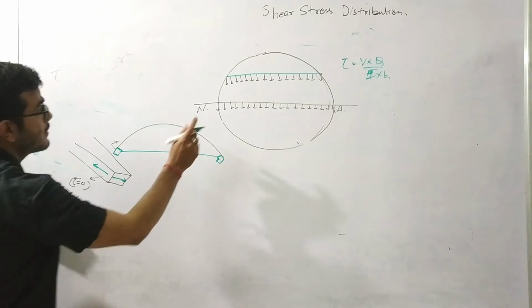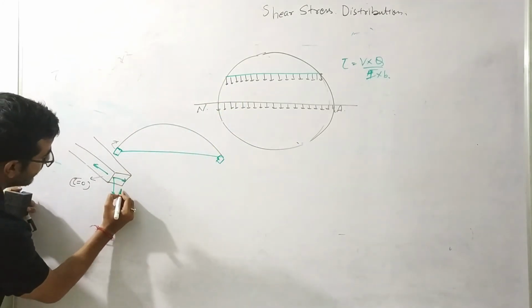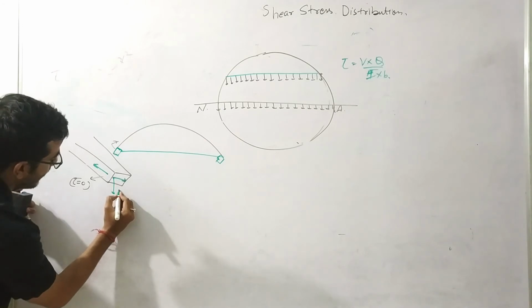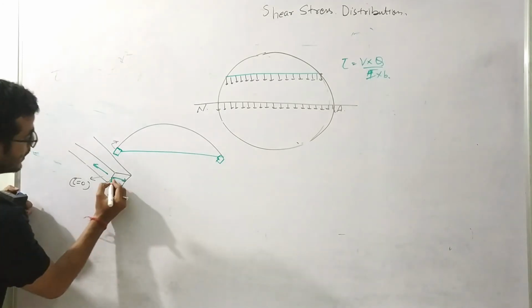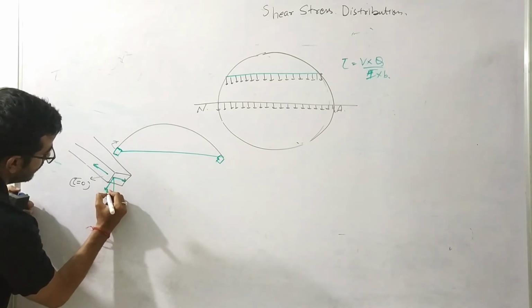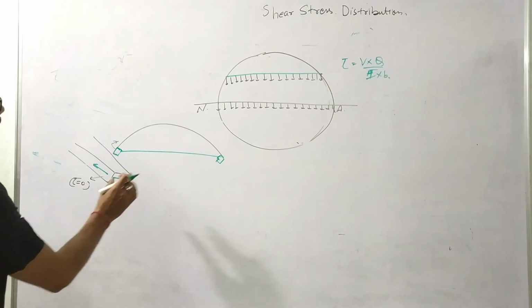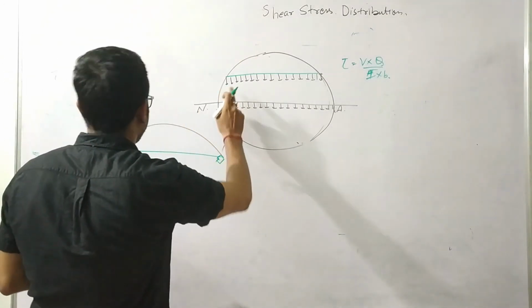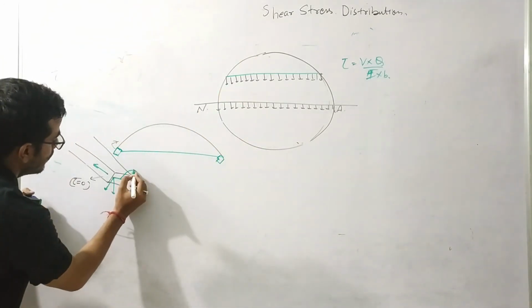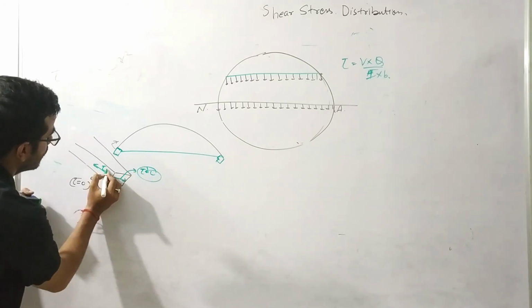As per this figure, my resultant stress will act in the downward direction, and the stress in this direction will look like this, because the resultant of this will represent this figure. But this thing is 0. This tau dash is equal to 0.